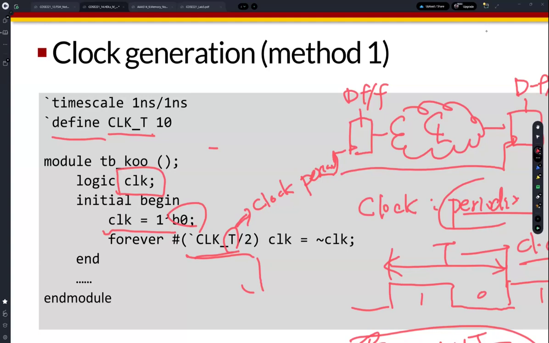So clock T is 10. So what does that mean? The time scale, the time unit is 1 nanosecond, which means clock period is 10 nanosecond. So clock frequency is 100 megahertz. Anyway, the clock period is 10 nanosecond.